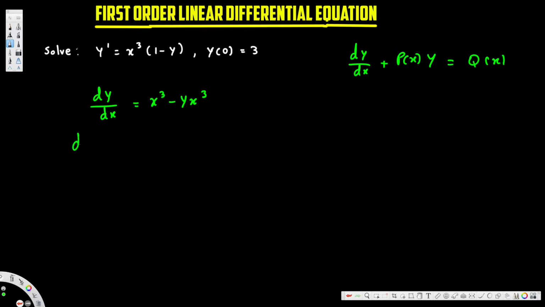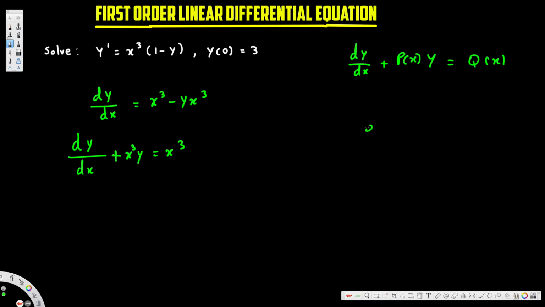If I bring that, we are going to have dy over dx, and this minus yx cube will become plus yx cube, that is equal to x cube. Now it's better to write x cube y, because in order to find the integrating factor we have to use an equation.